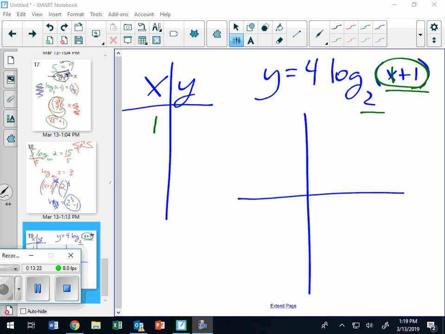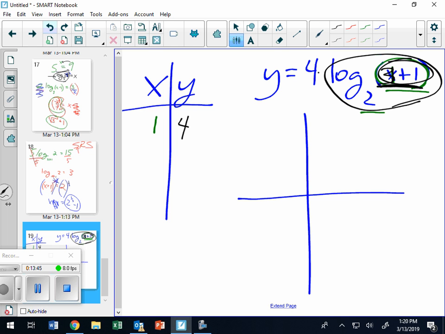Okay. You put in a 1. That becomes a 2. Log base 2 of 2 is 1. Can I just put a 1? Why isn't it 1? Because there's a 4 in front. 4 times the 1 makes 4. Okay, then I'm going to put in something else that would be smart. I'm going to put in a 3.